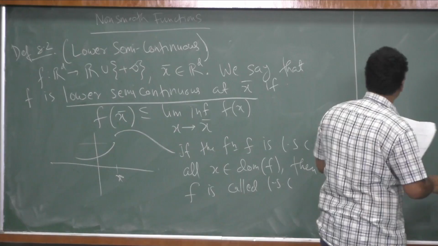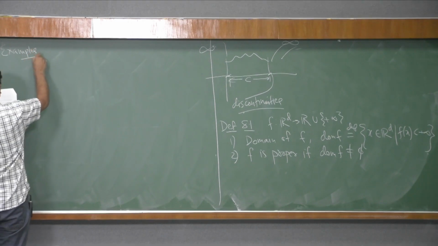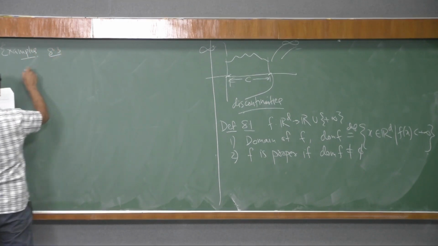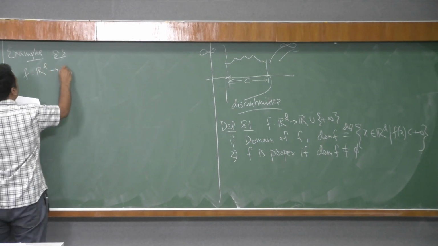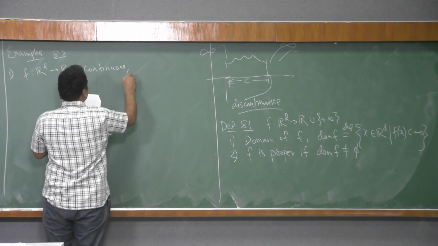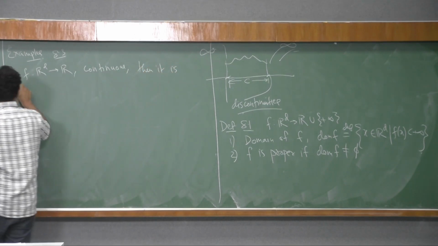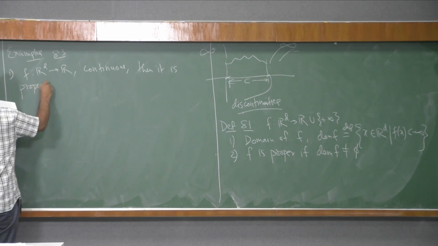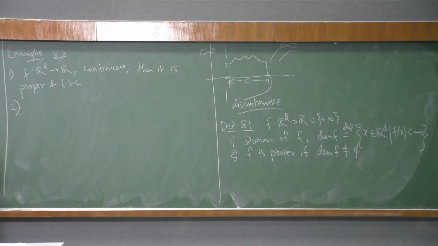Now, examples of these are 8.3. Let us say f from Rd to R continuous, then it is proper and LSC. So the continuous function is certainly a lower semi-continuous function.